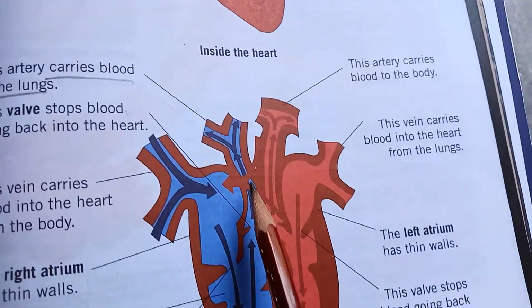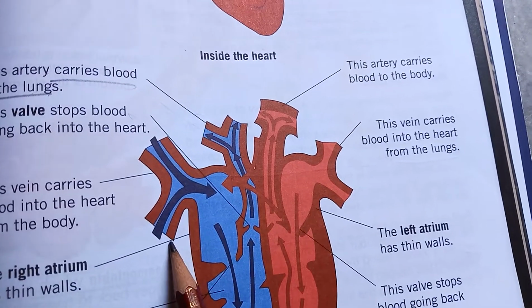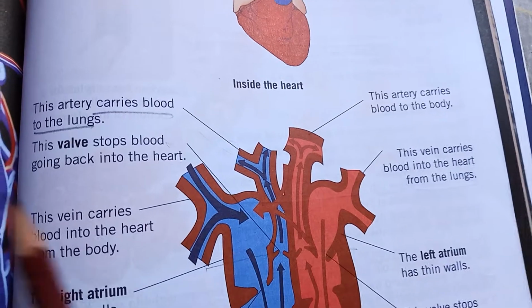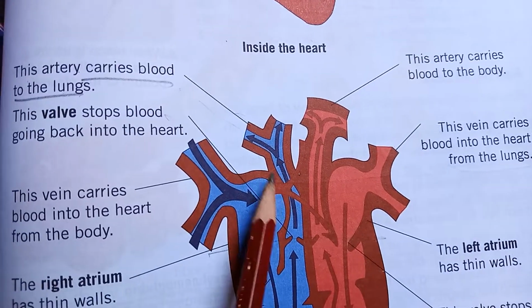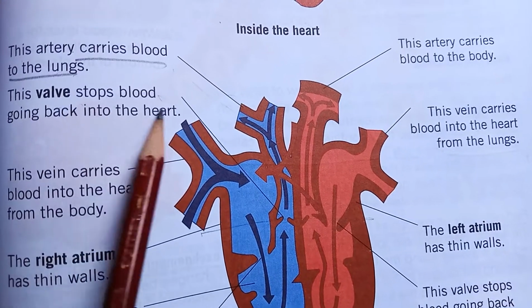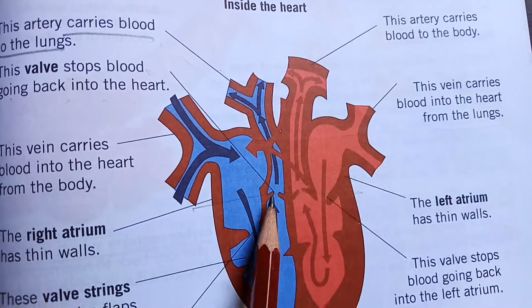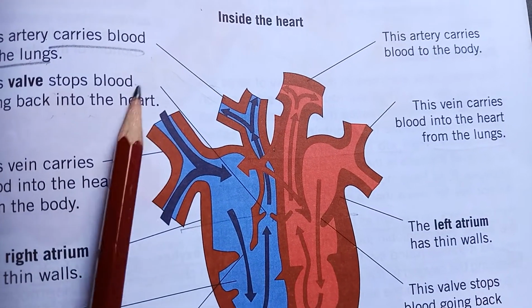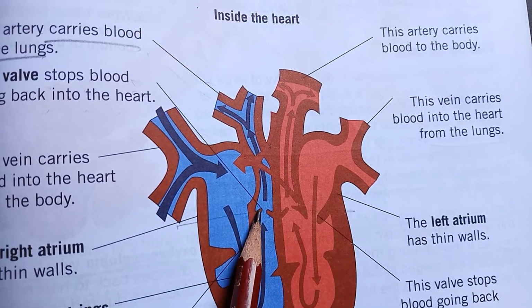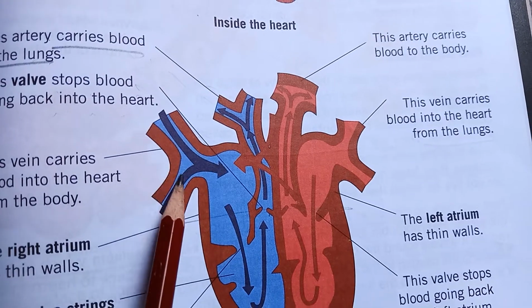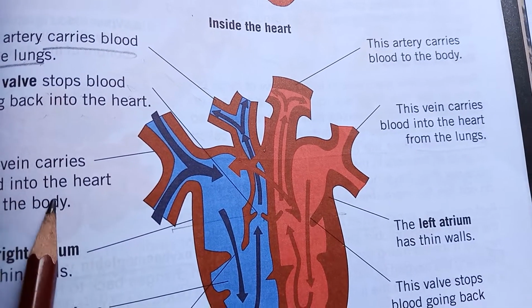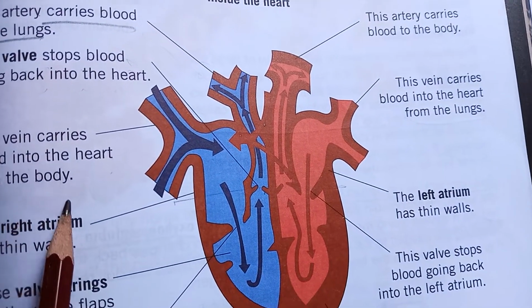You can see there are 4 chambers, the upper chambers and the lower chambers. This artery carries blood to the lungs, and this valve stops blood going back into the heart. And this vein carries blood into the heart from the body.